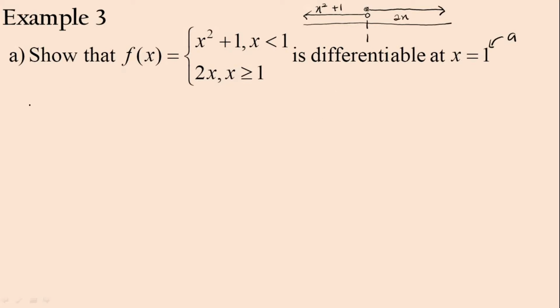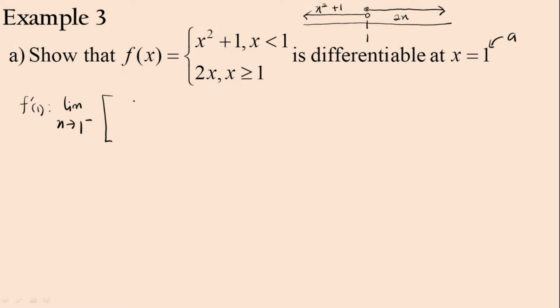Okay, so using the concept of one-sided limit in order to check differentiability, our first one is f prime of 1, the limit of x approaches 1 from left. I check from the left side first. Then our expression would be f(x) minus f(a) over x minus a.